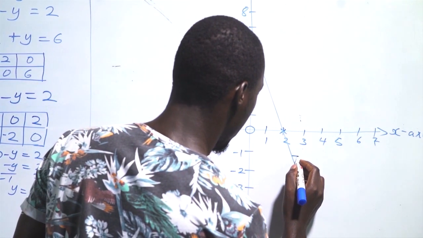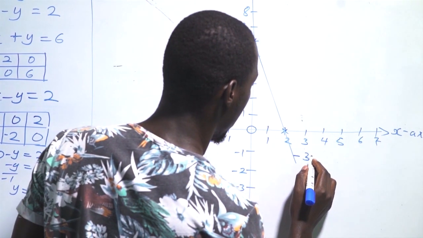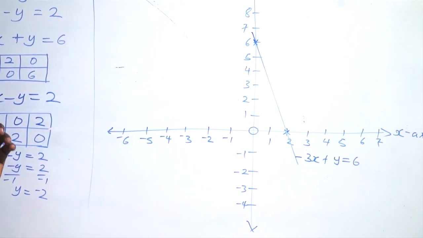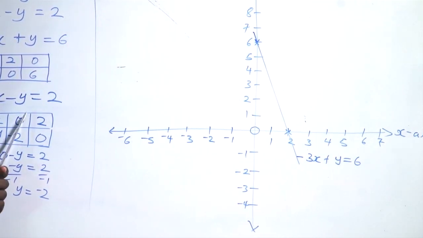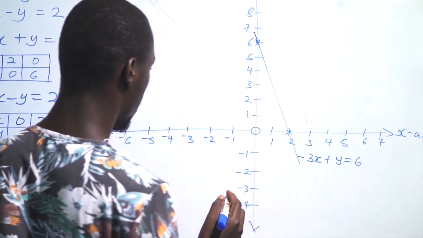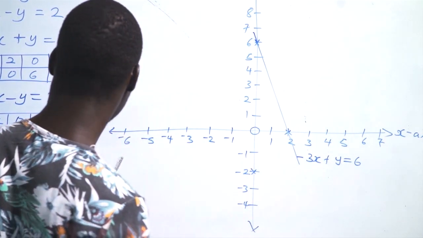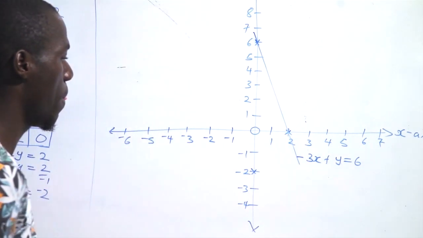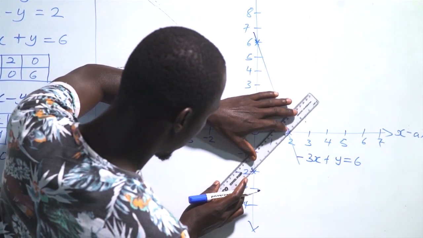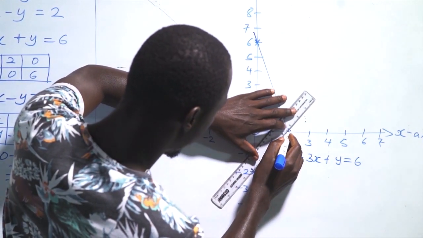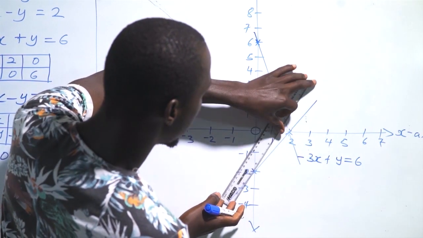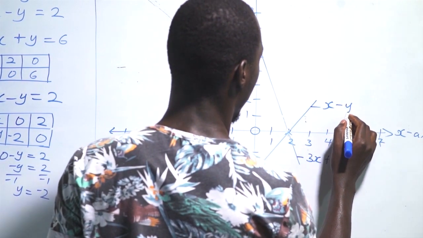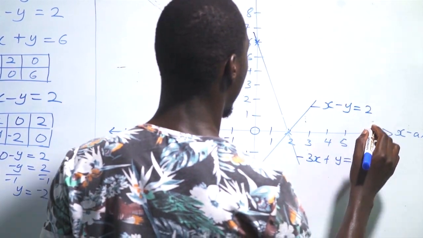Then I label this line as 3x plus y is equivalent to 6. Then the 2 points, 0, -2 is right there. Then another one, 2, 0 is there. Then I join the 2 also to form that given line. Then I label this as x minus y is equivalent to 2.